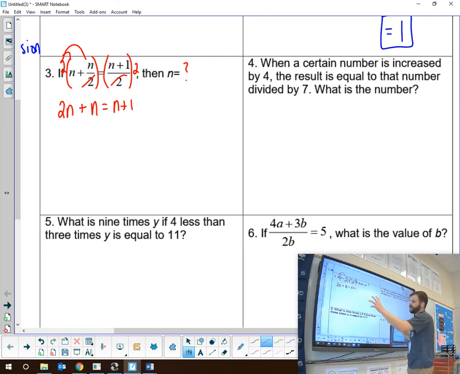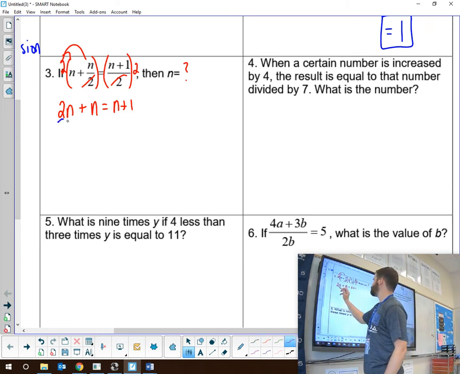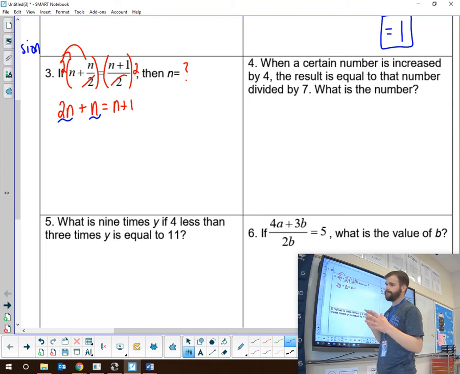And once we're here, it's a lot easier. Let's go ahead, let's combine like terms on that left side. So this 2n and this n are going to combine. Remember, you cannot combine like terms if they're on different sides of the equal sign. So I cannot just combine this n to go with it. We can combine these two together. So 2n and n makes 3n.